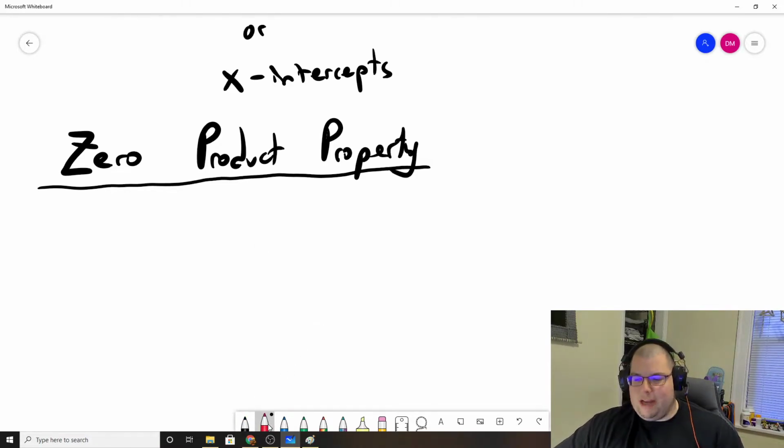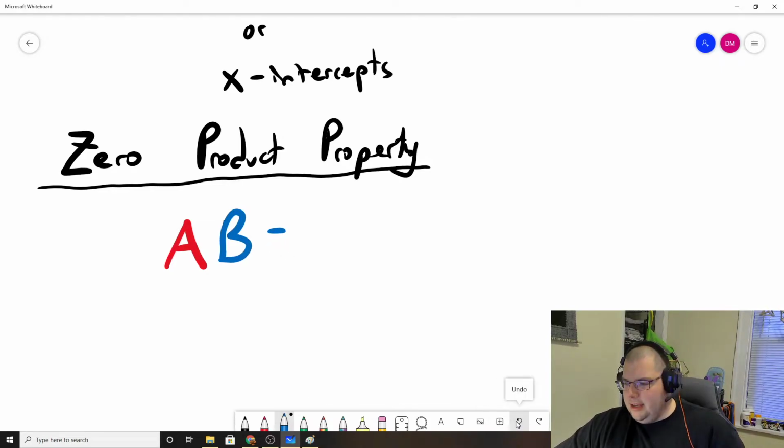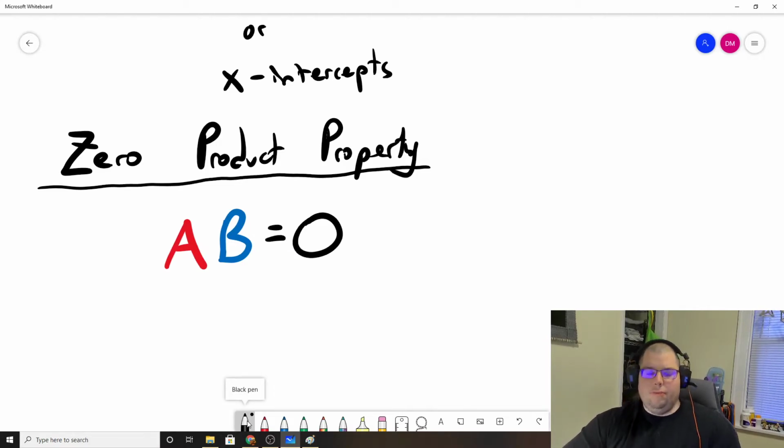The zero product property happens when we multiply two numbers. Let's call them A and B. And we get 0. The question is, what can you tell me about A or B? And the answer is that one of those has to be 0.